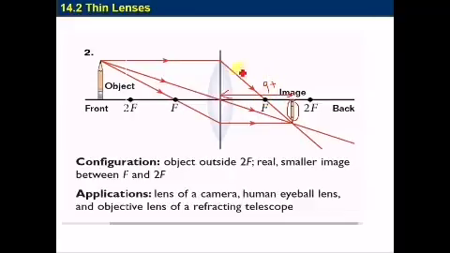Here all the distances are positive, where the real refracted light is. What else do we have here? Q is positive, f is positive. What about the magnification? Is it positive or negative? For sure it's negative, since it's upside down.